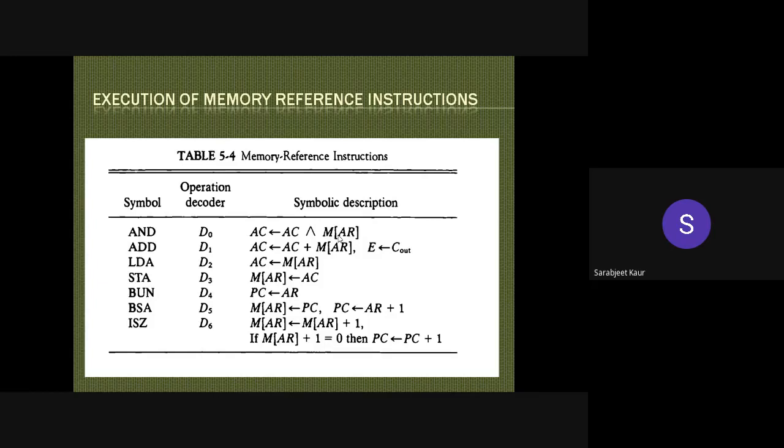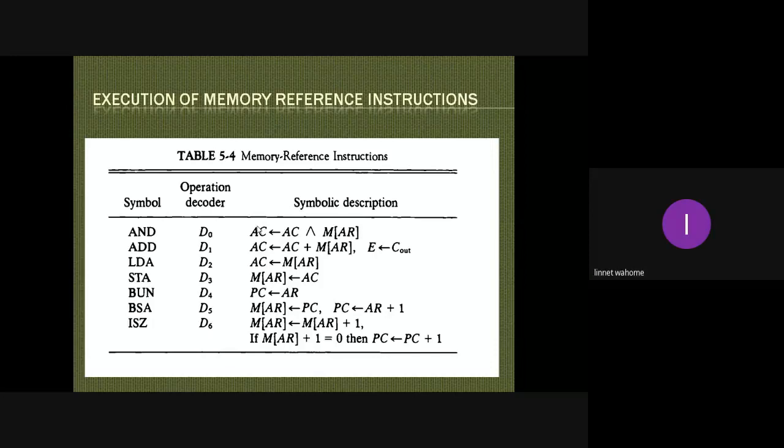So we get this operand from the memory whose effective address is in the address register, AND it with the accumulator, and the result is stored back into the accumulator, and that is all. Is this clear? Any problem?